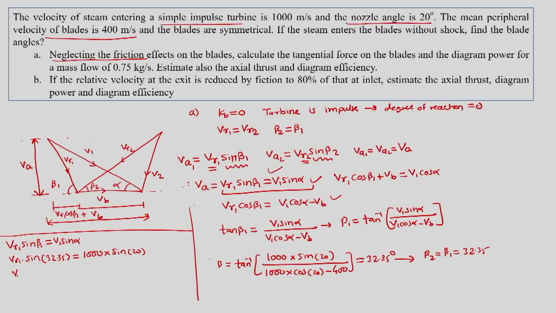So we have VR1 is equal to 639.25, and since we have no friction, VR1 is equal to VR2, and both are 639.25 meters per second.